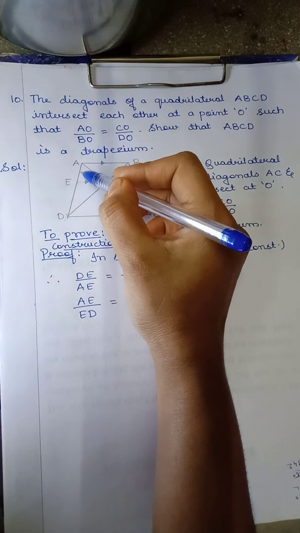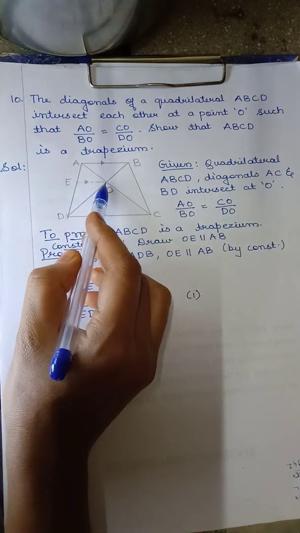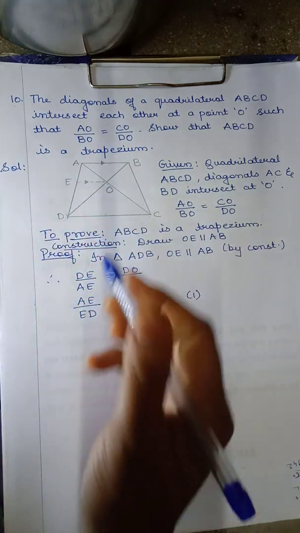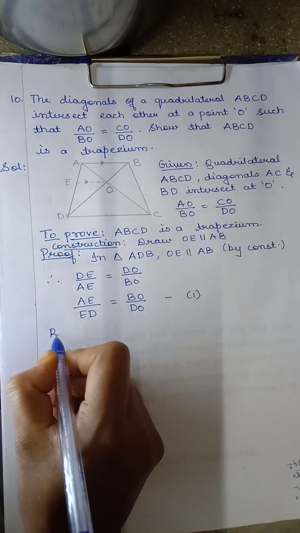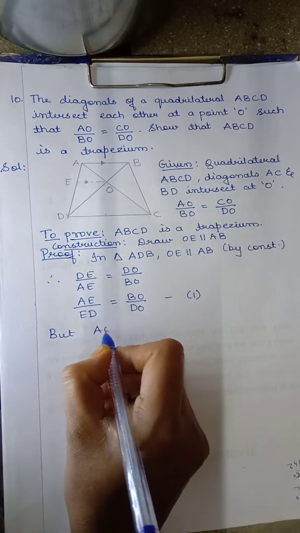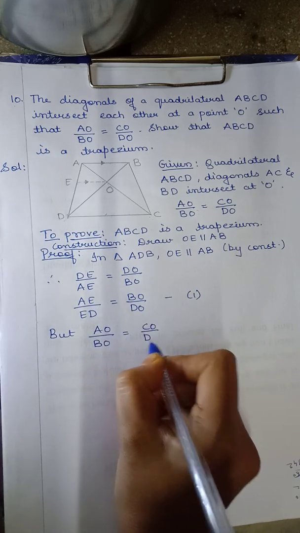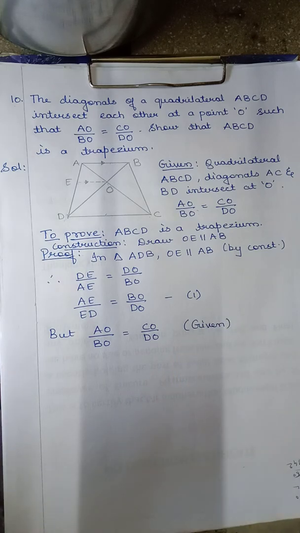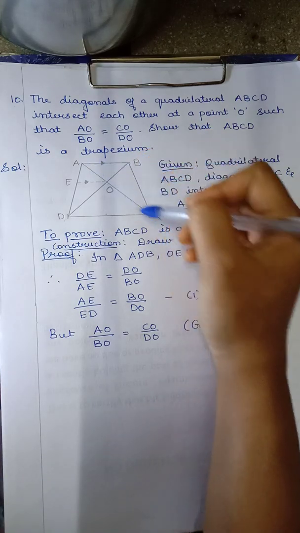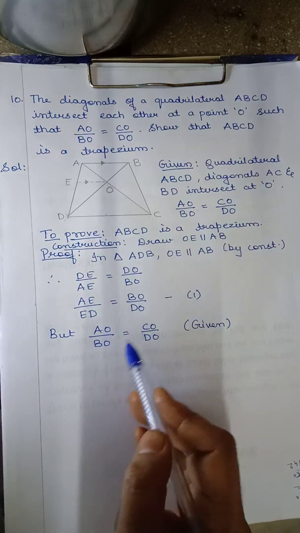So one side we have got now AE upon ED. Now the other side also we want AO upon OC. To get that, we'll take the given thing: AO upon BO is equal to CO upon DO is given. To get AO upon OC, again we can interchange here.